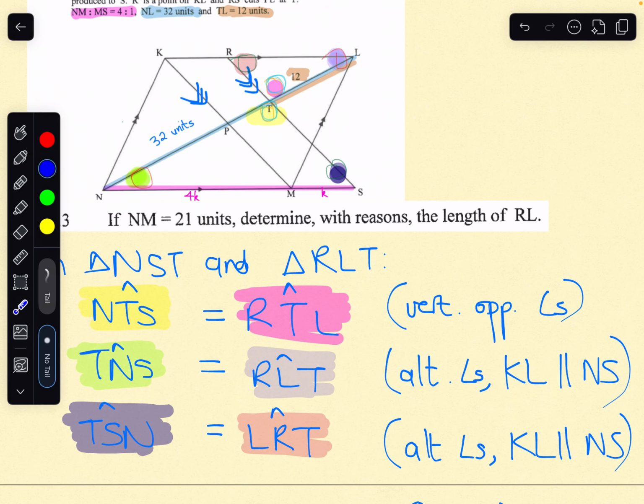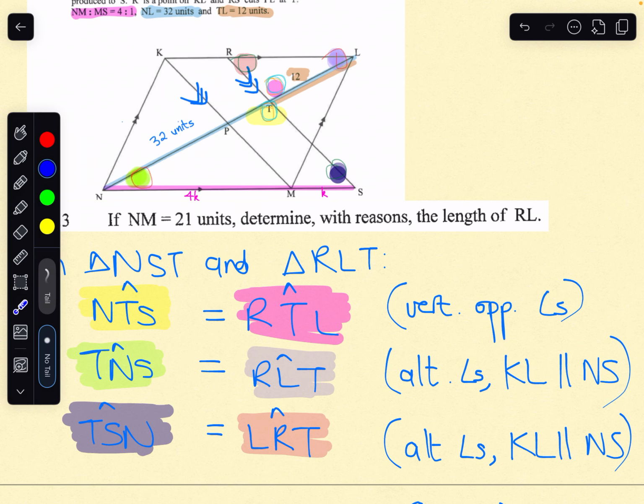How are they using that? So they say RL. Oh, they're using it in this system. So let's see. Okay. So they use the fact that this is the same as this. It's 21. We know the length of PT.